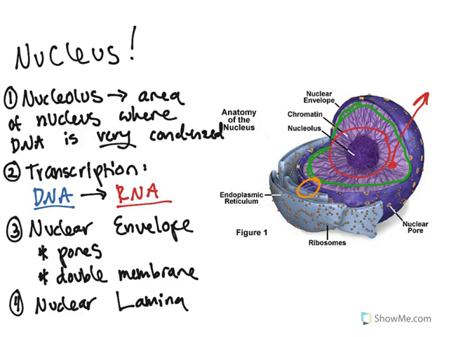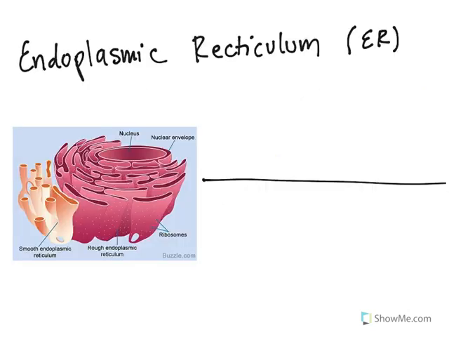So moving on to the next organelle in the endomembrane system is the endoplasmic reticulum, which is way long and fancy. So most of the time we abbreviate that to ER. There are two different types, and I'm going to try to keep it simple. You have smooth and you have rough ER. Rough ER is called rough ER because it's studded with these little ribosomes.